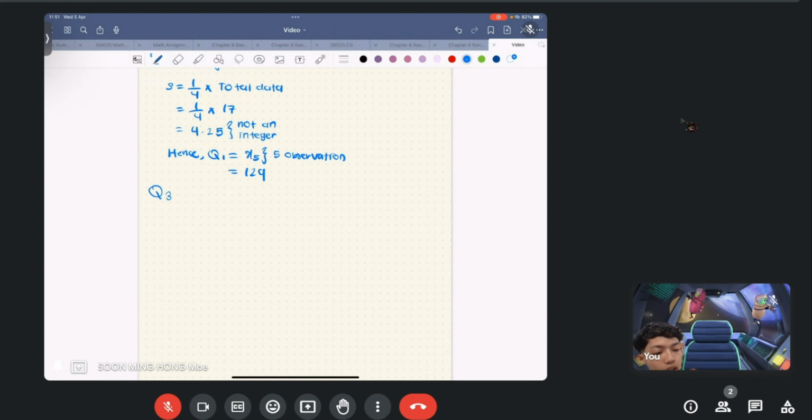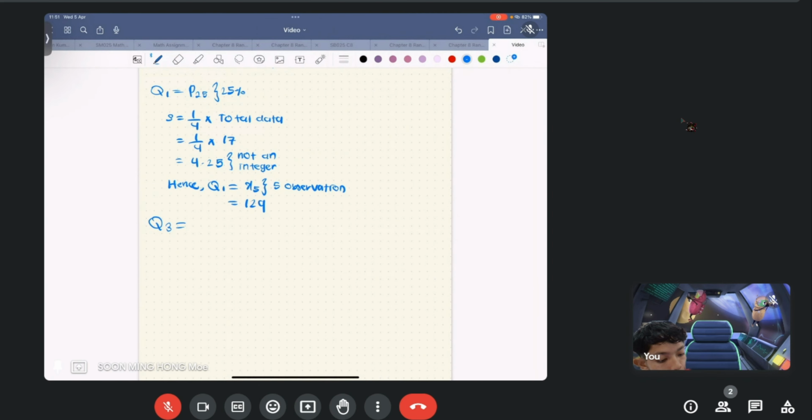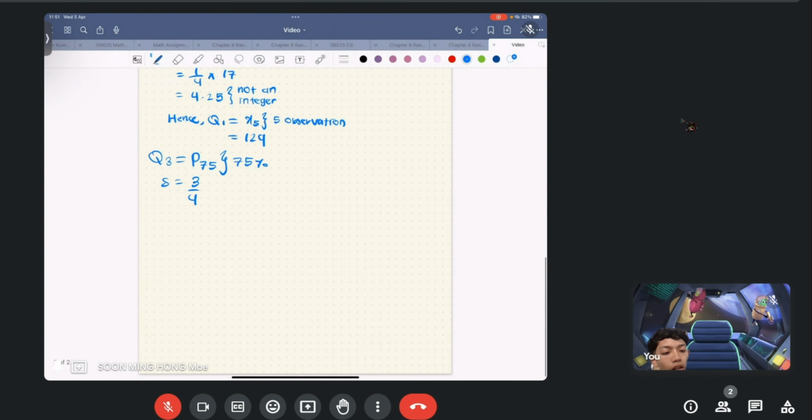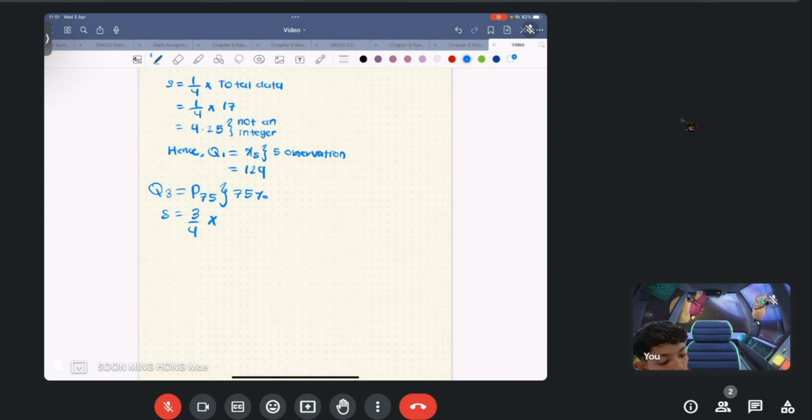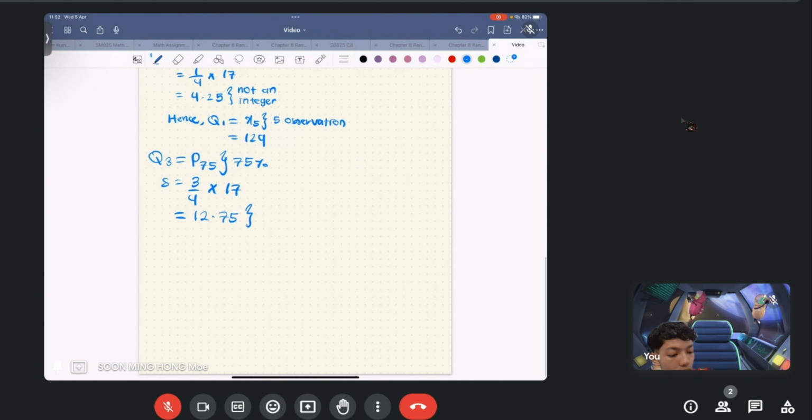Now we calculate the value of Q3. So Q3 is also equal to P75, which means 75% from the total data. So S equals 3 over 4. So 75 over 100, we get 3 over 4 times the total data, 17. We get 12.75. And again, this is also not an integer.